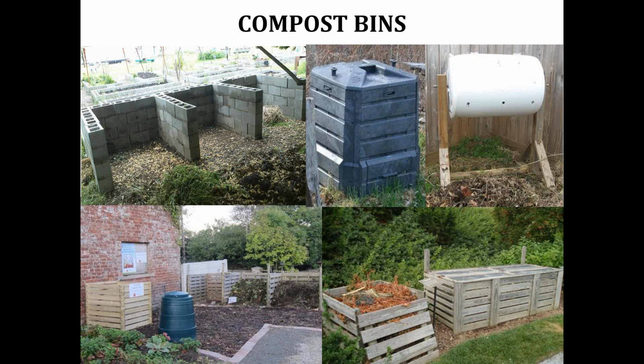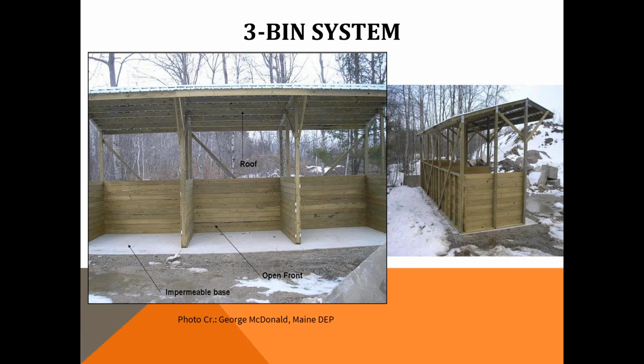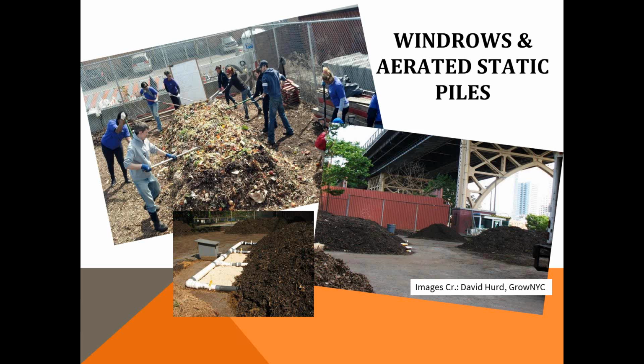A lot of sites also want to be an education or demonstration site, so having a tumbler with some compost bins is a great idea. There are lots of examples out there for those. You can also use the shed system or a 3-bin system, where you start off in one bin and then it goes to the next. There are all kinds of systems to match your needs, your methods, and your goals.